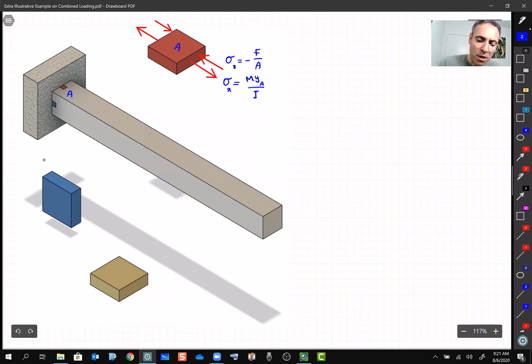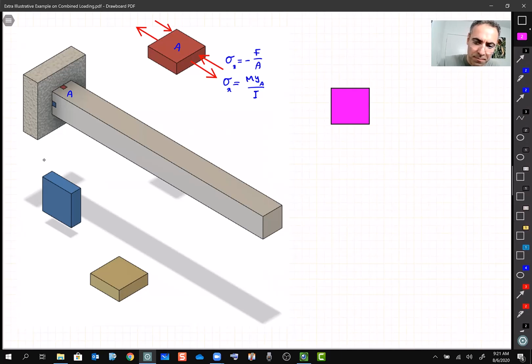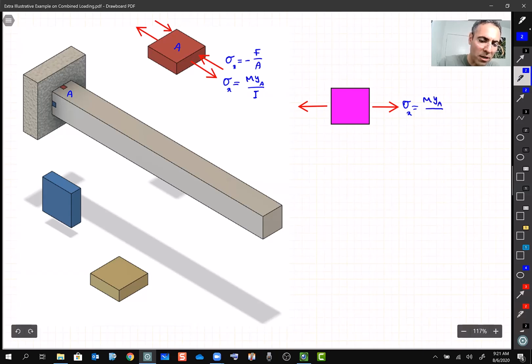So if I want to draw my element here, the stress is going to be only one thing, and that thing is sigma x, My_A divided by I minus F over A. All right, so this is the stress element for point A. Still, sigma Y is 0, or whatever we call it, sigma Z, I guess.